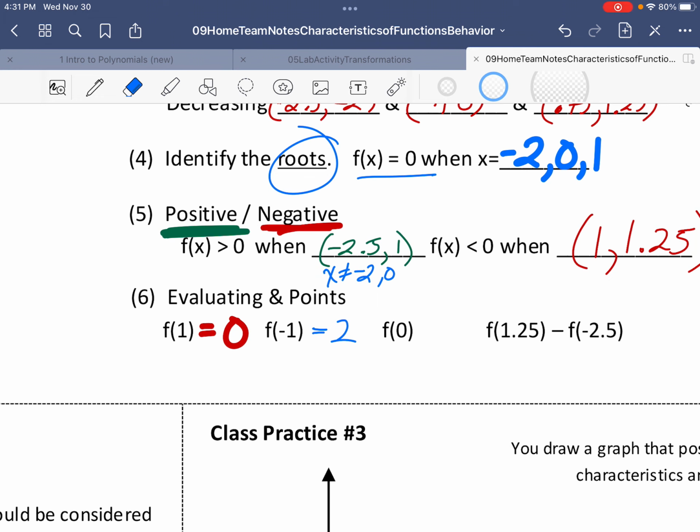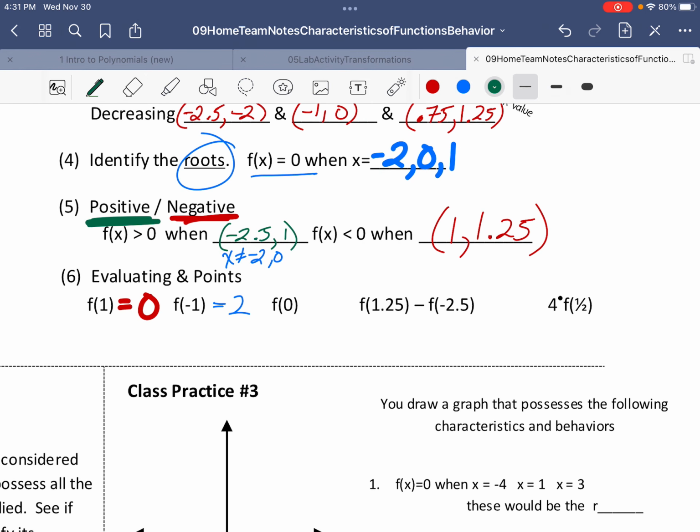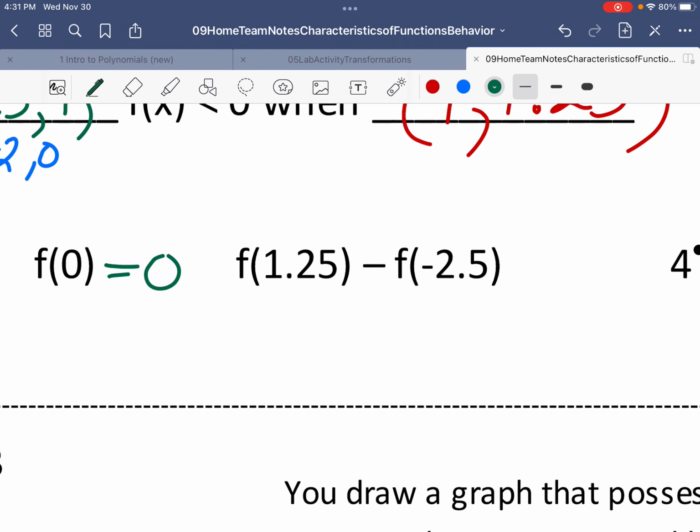How about some more y values? The y value at 0. That means when x equals 0, it appears that it's also 0. That is, the y value is 0. What about if I'm combining different x values?